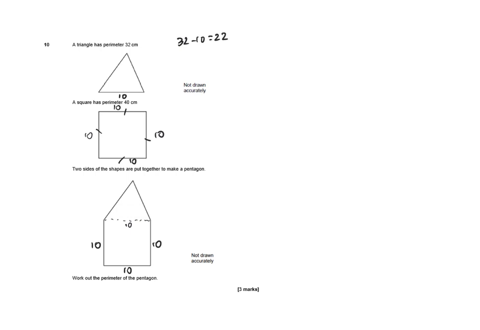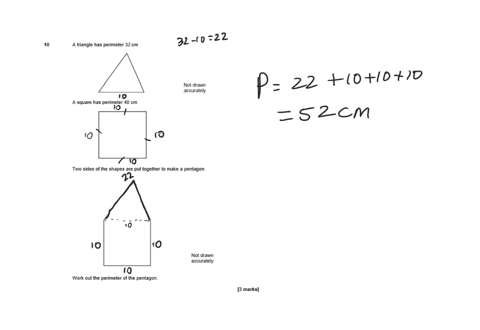I don't have a way of finding out which bit is which, but it doesn't really matter. I just know that journey up and back down again would be 22, wouldn't it? So therefore, the perimeter would be the 22 plus 10 plus 10 plus 10, which gives me a total of 52 centimetres, I guess, as that's what's given in the question.